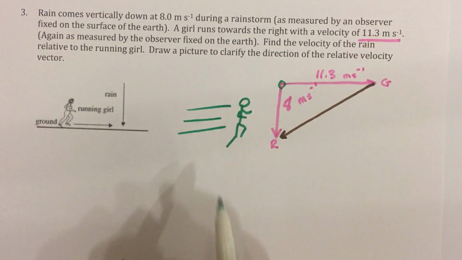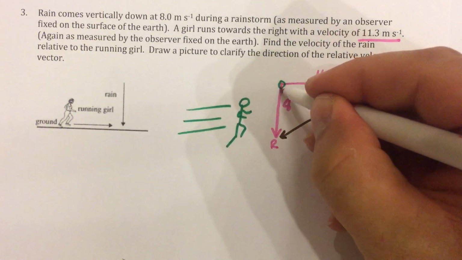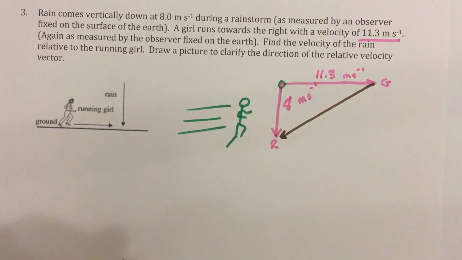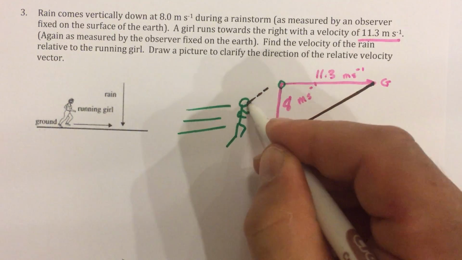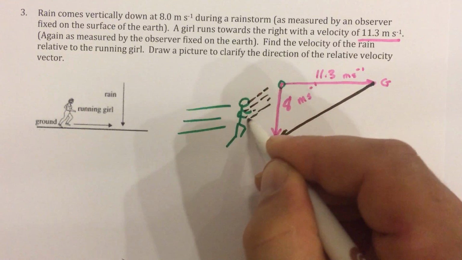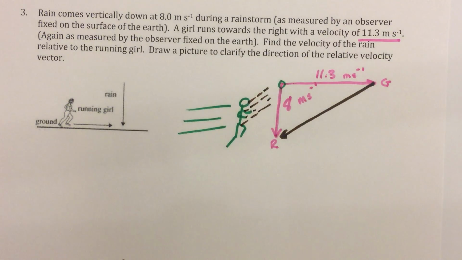As she's running this way, she feels like the rain is not falling straight down in front of her, but rather she feels like the rain is traveling this direction. You know, the rain is actually hitting her right in the face as she's running into it. All right. Well, let's figure out what the velocity of the rain is.